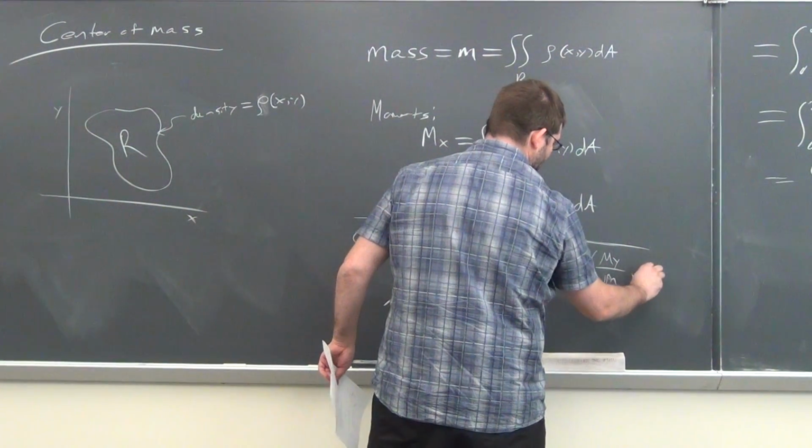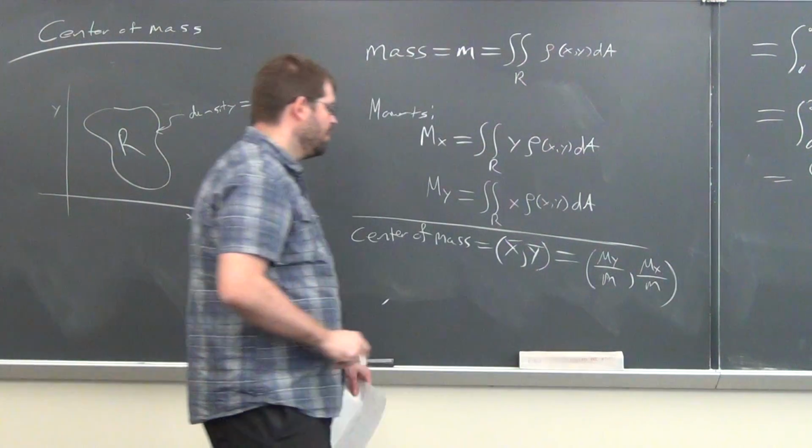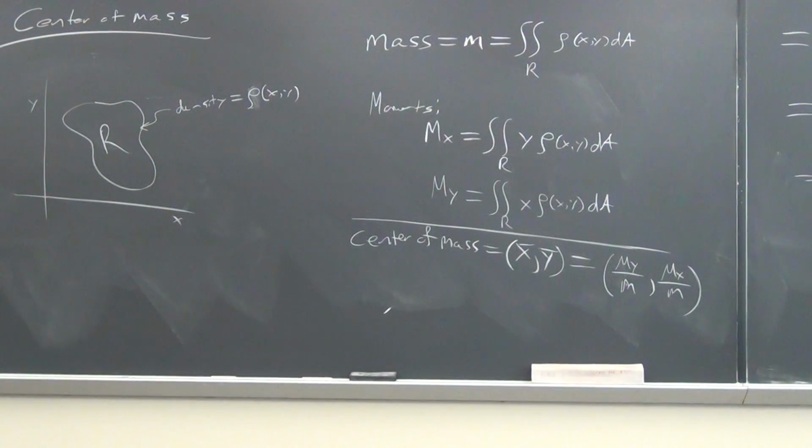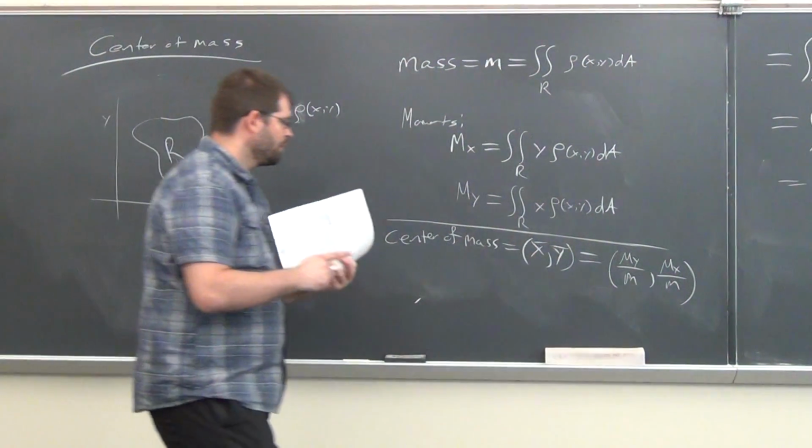So it's just your moments divided by m. Okay? And just pay attention that they're flipped over, right? So your x bar has the m sub y above it. Because again, you're trying to get the tendency to rotate around the y-axis. That's going to give you an x value, essentially, right? So you're going to measure that.